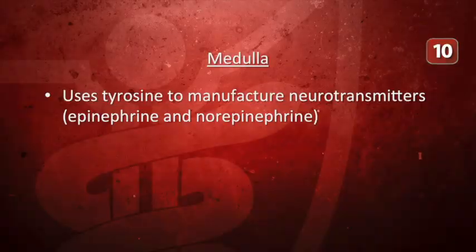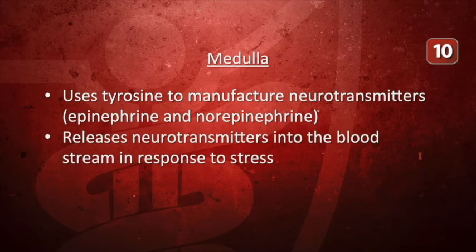The medulla is actually a portion of the sympathetic nervous system that functions like an endocrine gland. It uses the amino acid tyrosine to manufacture the neurotransmitters epinephrine and norepinephrine. Instead of releasing these neurotransmitters across a synapse, the medulla releases them into the bloodstream in response to physical or mental stress.